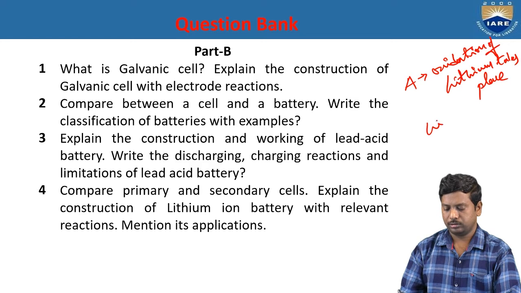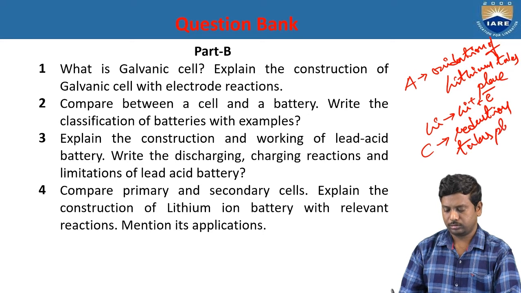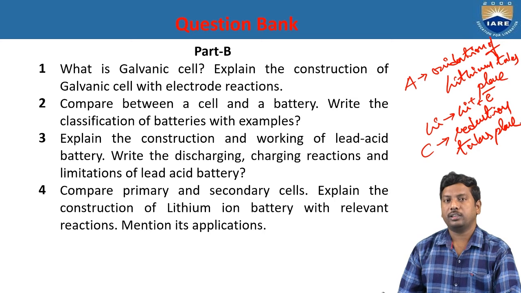So that means lithium undergoes oxidation with the loss of electrons, and at the cathode what happens? Reduction takes place. And lithium cobalt oxide is the product formed, and its applications are mostly in portable home appliances, and it has more voltage.